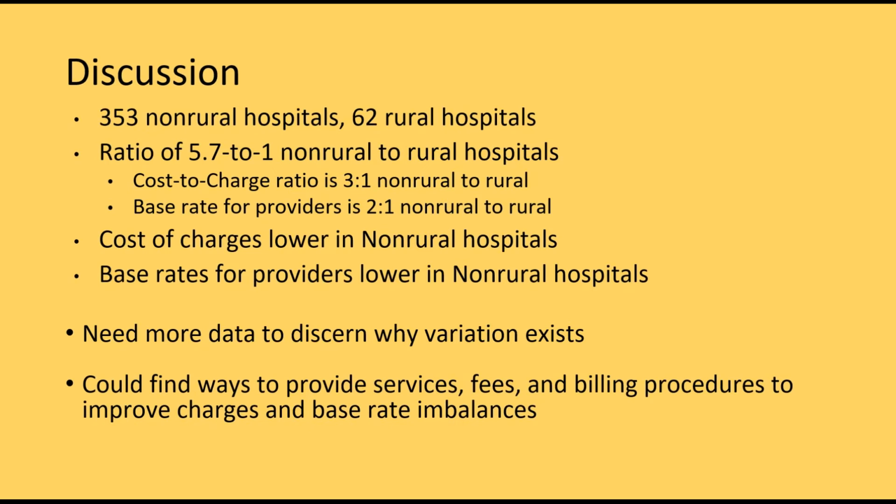However, we see a 2 to 1 non-rural to rural ratio, meaning that for every rural dollar spent for base rate wage for providers, only twice that is spent in non-rural hospitals rather than 5.7 times that rural base rate. That means the cost of charges is lower in non-rural hospitals and the base rates for providers are lower in non-rural hospitals.